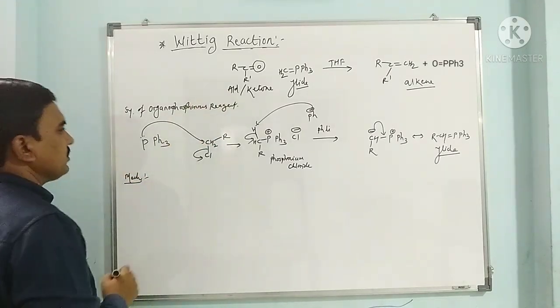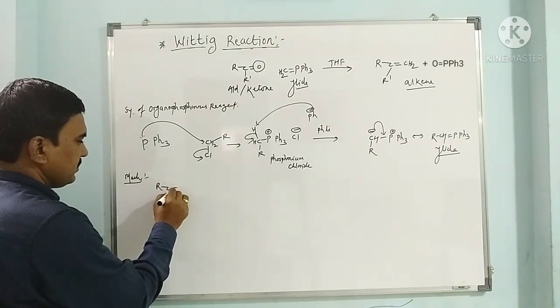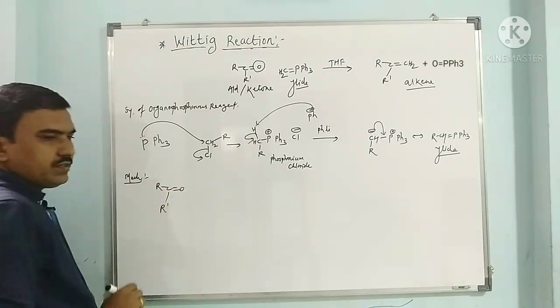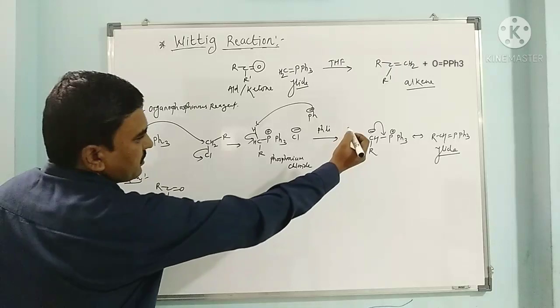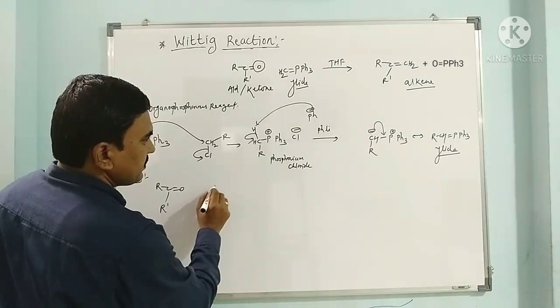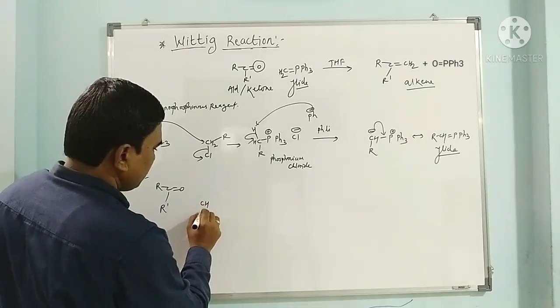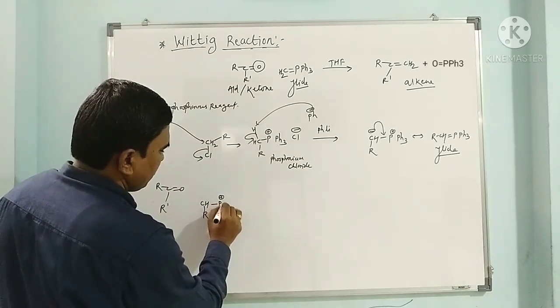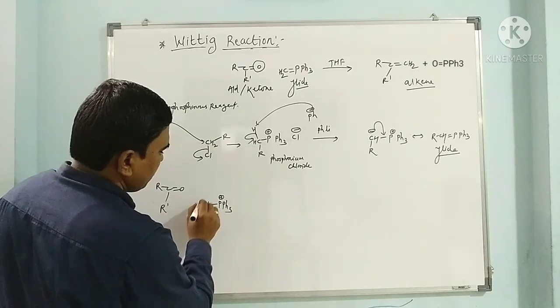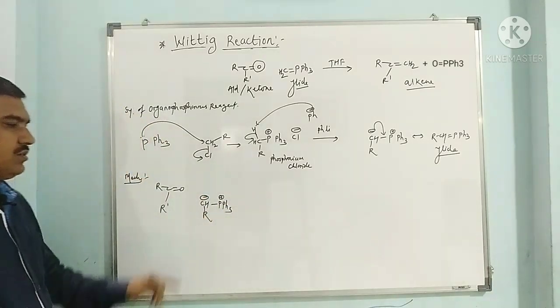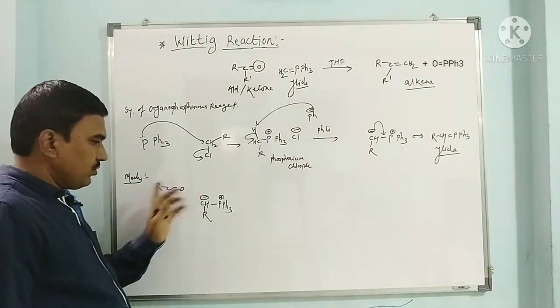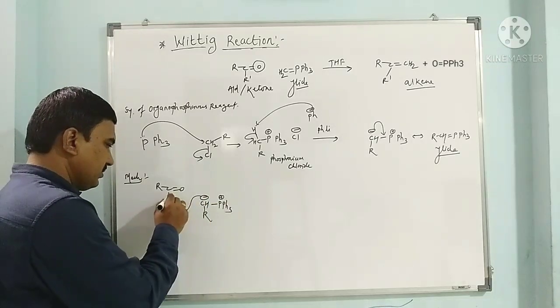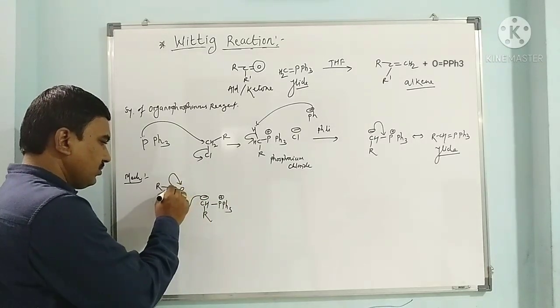When we see a carbonyl compound such as R C double bond O R dash, when it reacts with this reagent, that is CH R PH3 with a negative charge, this acts as a nucleophile. First this attacks here and electron density goes to oxygen.